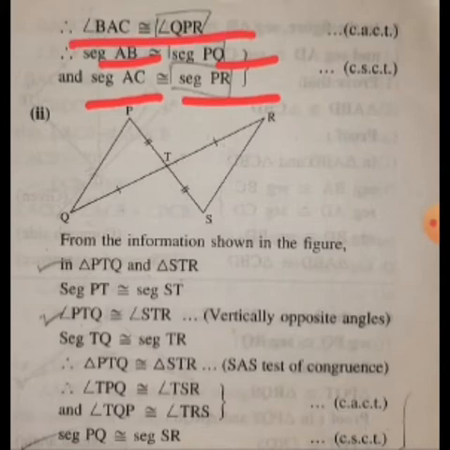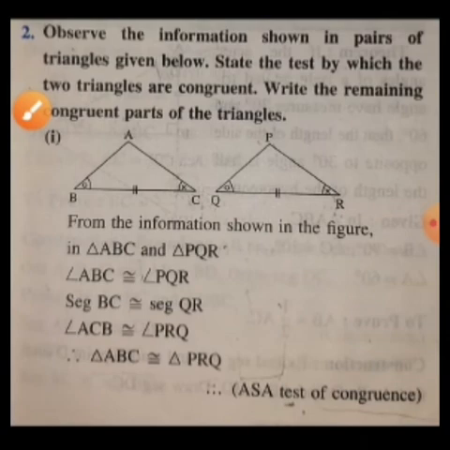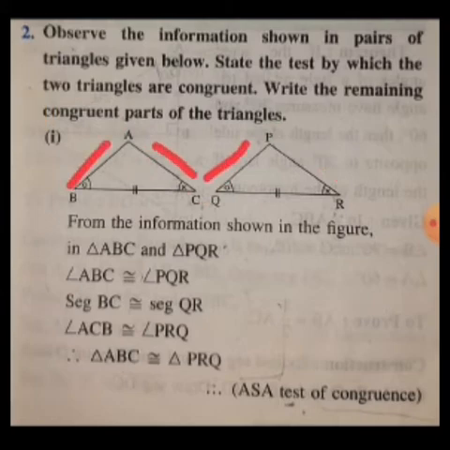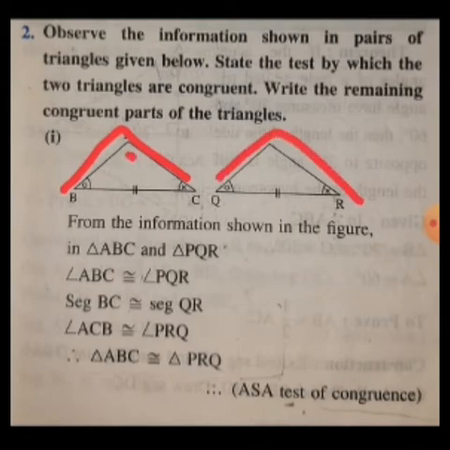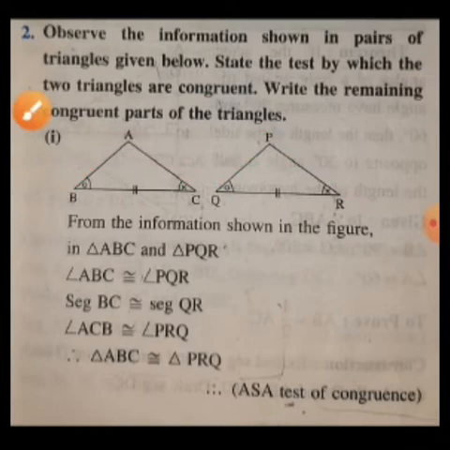And angle BAC is congruent to angle QPR. So when AB is congruent to PQ and AC is congruent to PR, triangle BAC is congruent to triangle PQR. These two angles are also congruent, angle A and angle C.